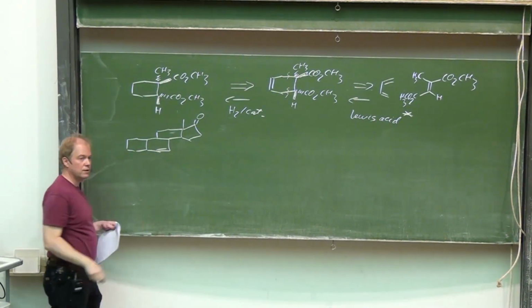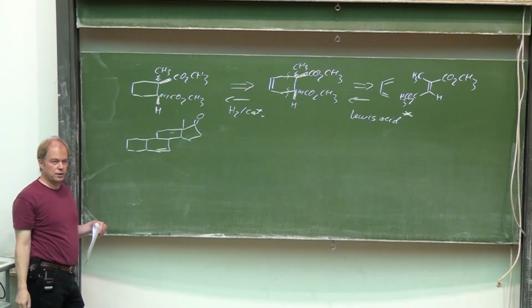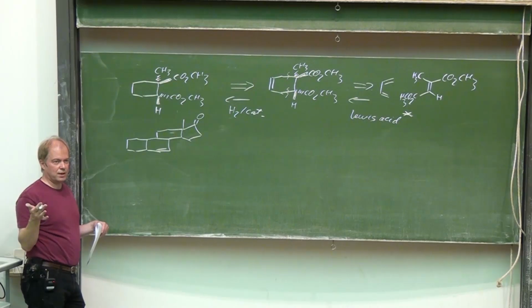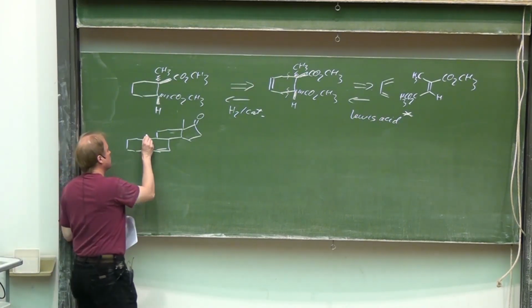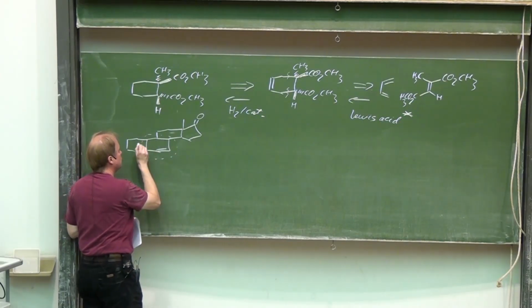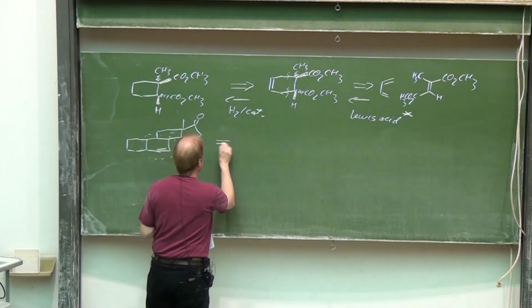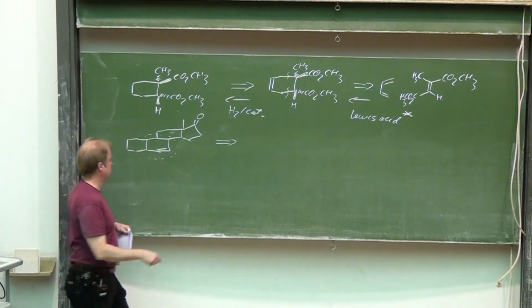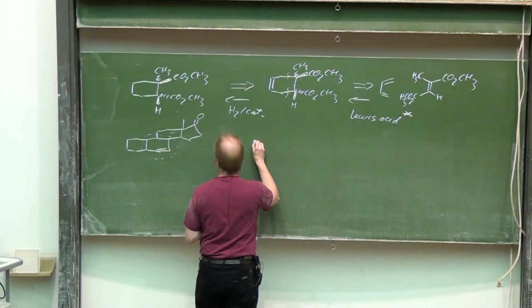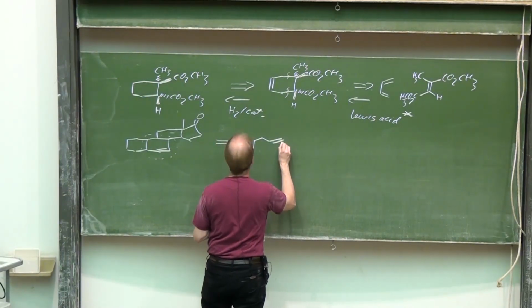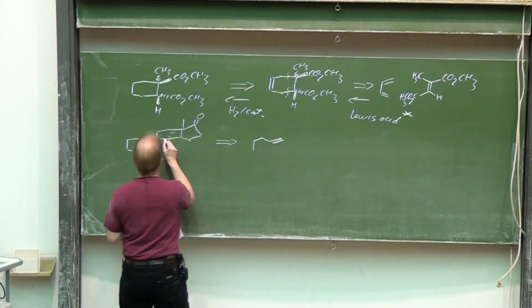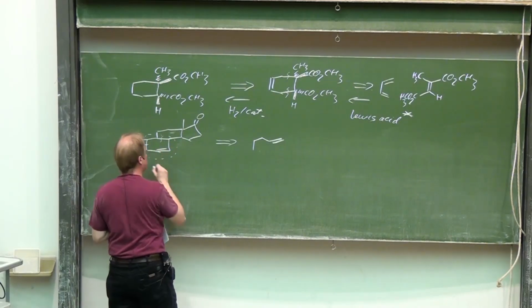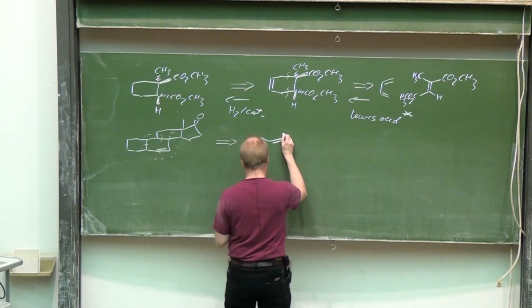Here we have a cyclohexene moiety. Making plans for synthesizing that, we could notice a retron of a Diels-Alder reaction. Well, could be an idea making that disconnection here and there.